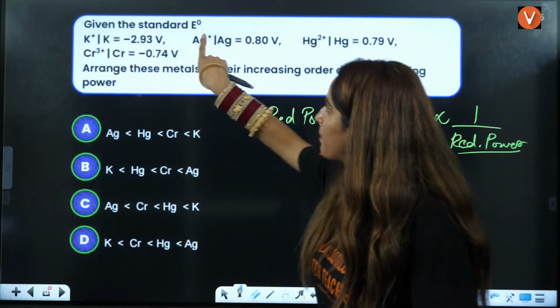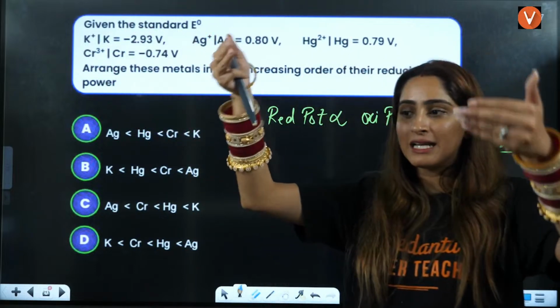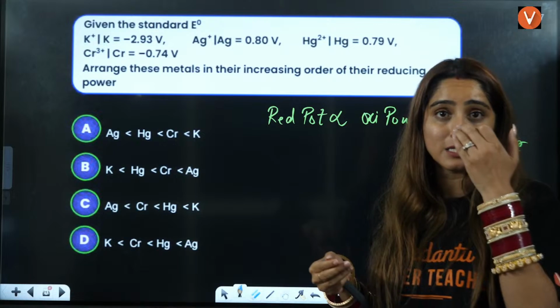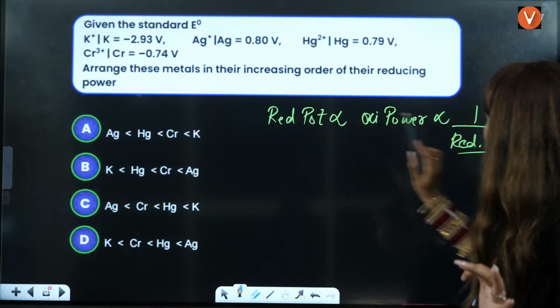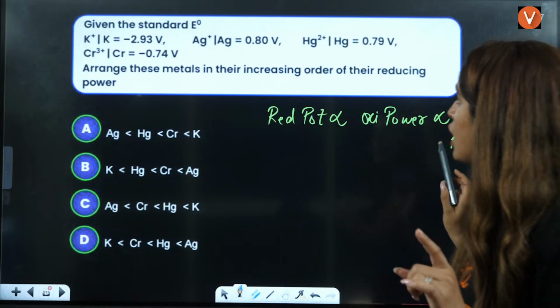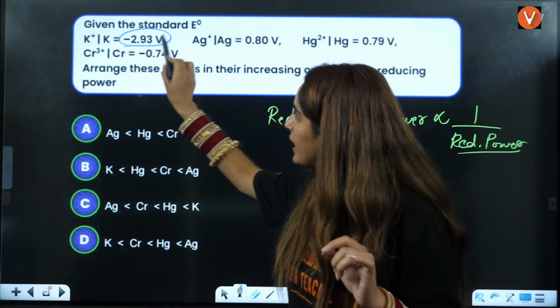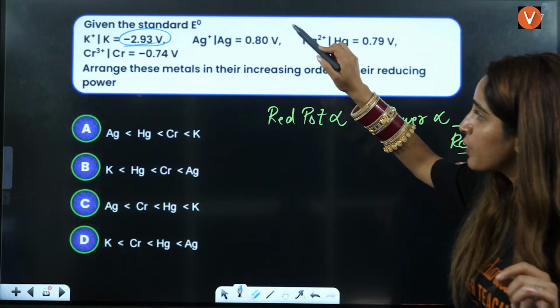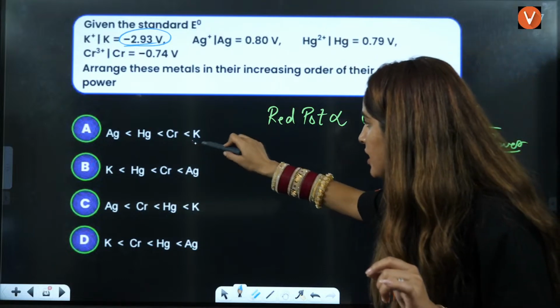Plus 1 to 0, plus 1 to 0, plus 2 to 0, plus 3 to 0. So all of them are reduction potential. Lowest reduction potential has highest reducing power. Lowest is this one, so it is going to have the highest reducing power.